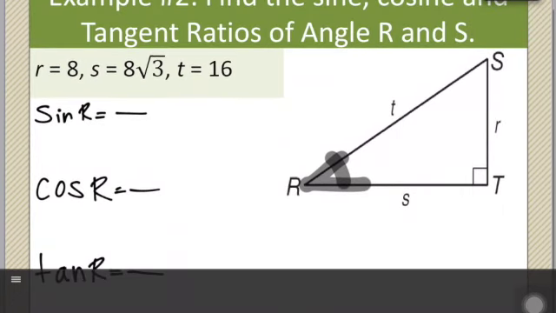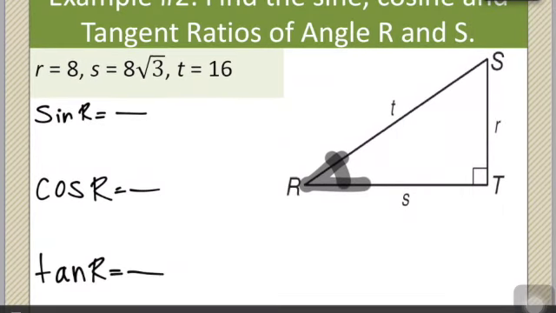So next thing I want to do is label my three sides of the triangle. I need to know which value goes where. We can find the hypotenuse right away. We know that is always opposite the 90-degree angle. So this is my hypotenuse. The opposite side is going to be the side of the triangle that does not touch the angle.